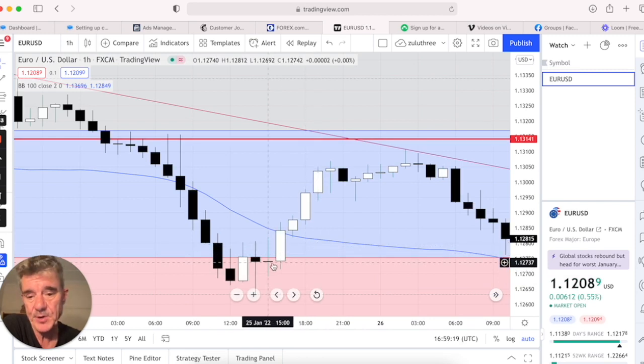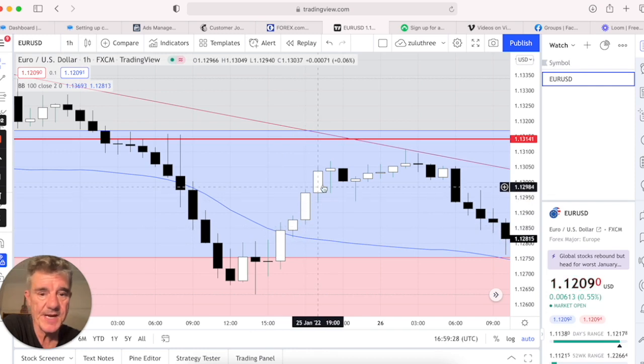The opening and the closing price were exactly the same, and we've got quite long candles, followed by another bullish engulfing candle, and we see the price moved up.